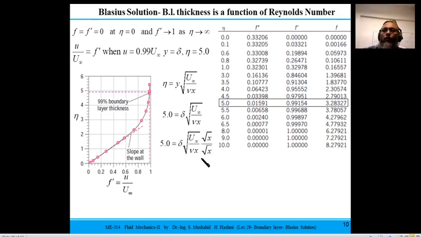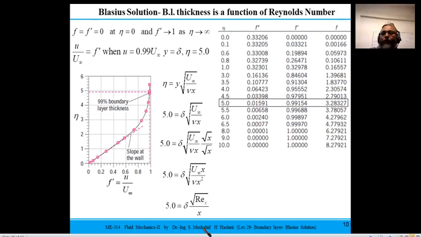Okay, now I can simplify this expression, because I know it is under root x. So if I multiply and divide by the same number, it does not make any difference. But what will happen is I will be in a position to write this expression in terms of Reynolds number.